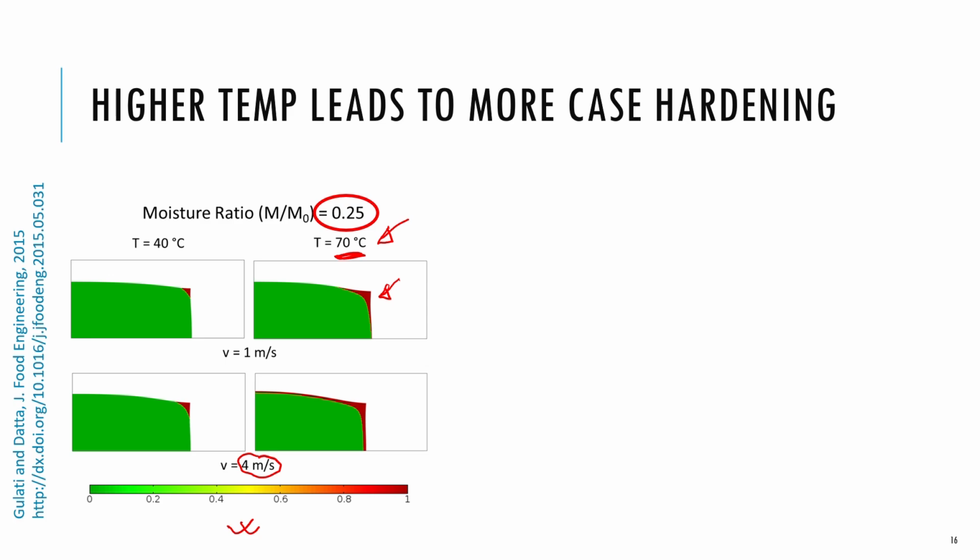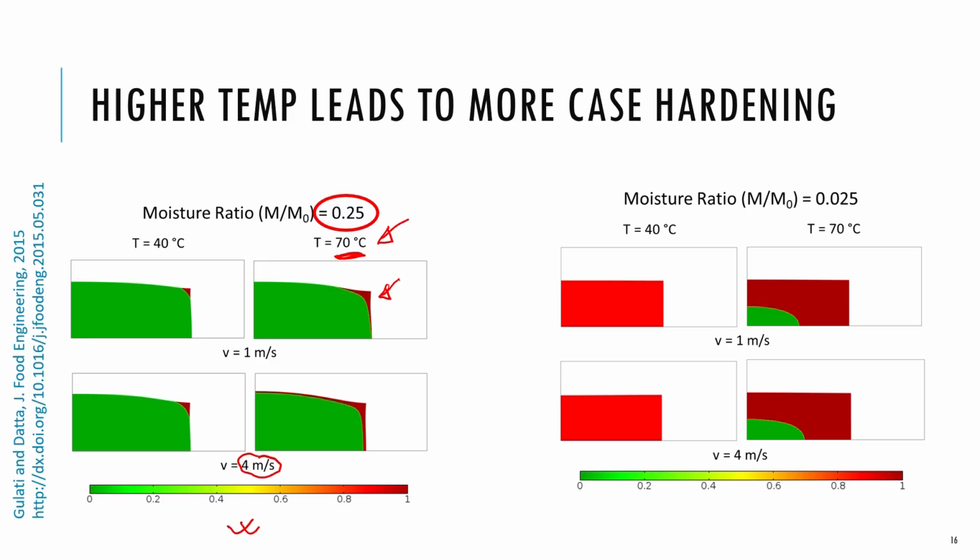So temperatures much higher than the glass transition temperature make the material stay in the rubbery state. Now on the right side is the same plot but at later stages of drying. You can see the spatial distribution of rubbery versus glassy, so red being glassy and green meaning rubbery. This spatial distribution is quite a bit different at these late stages of drying.